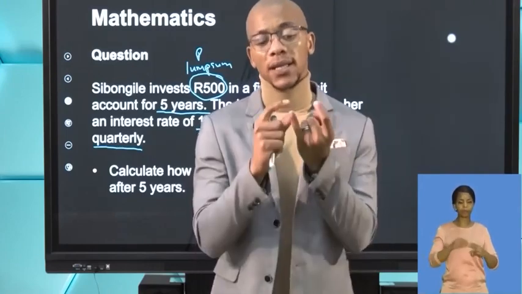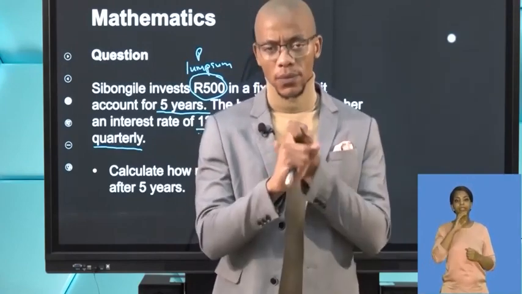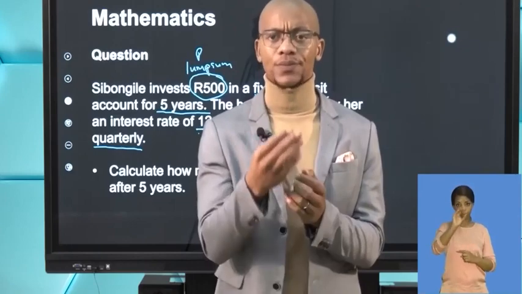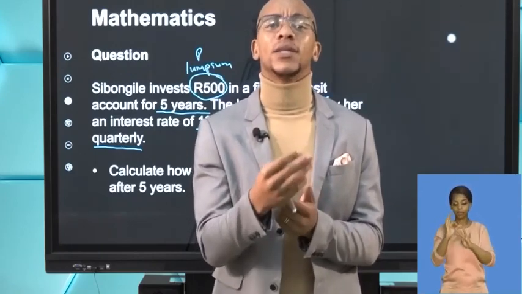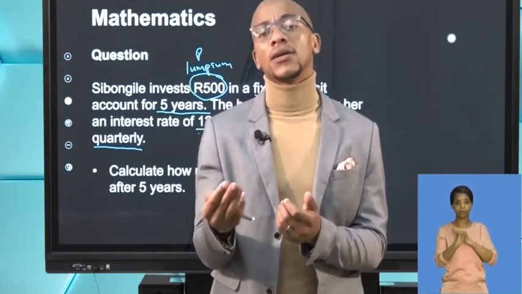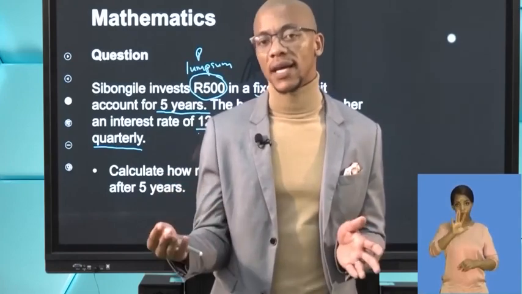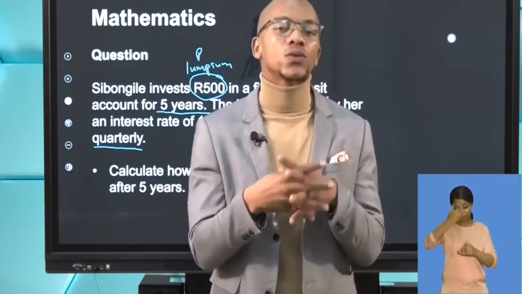So the 12.5% is actually going to be divided by 4, because I have 4 quarters in a year. So they will be getting a quarter of 12.5 at the end of every 3 months for the duration of their investment. But at the end of the year, it must all amount to 12.5.